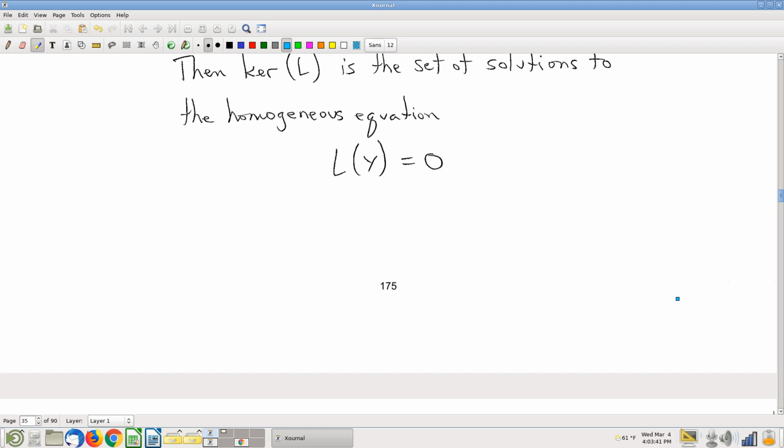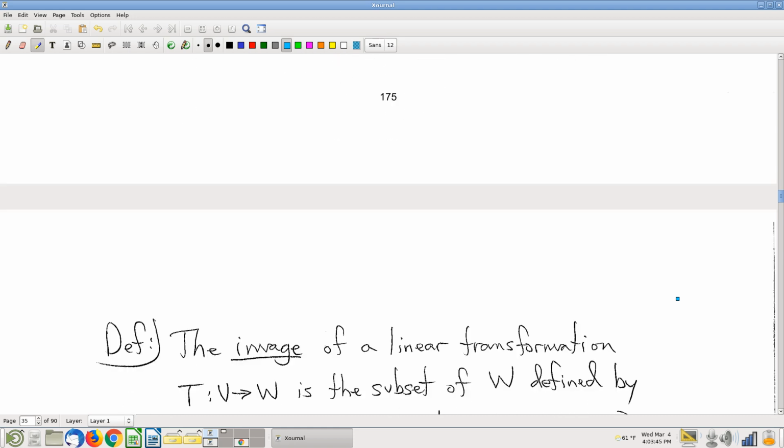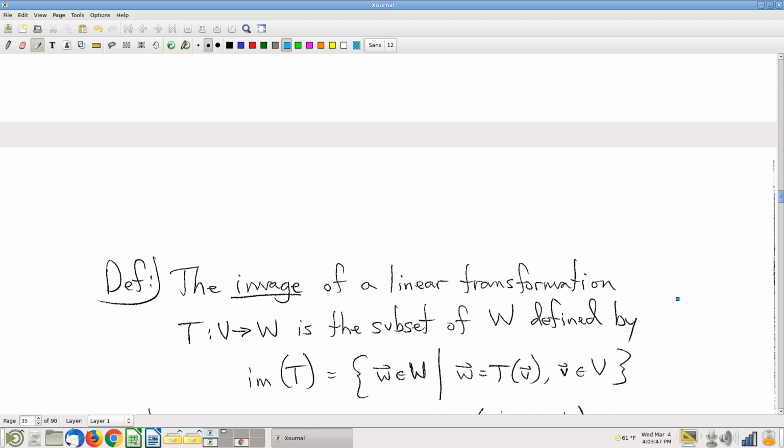Okay, next little miscellaneous item that we need to talk about. I got to define image of a linear transformation. Now, good news, we already know what an image is, right? Image is the set of actual outputs from a function. That's all I'm writing down here. I kind of don't even really know why we're writing this down again. I guess because the book does. But the image of a linear transformation, again, set builder notation reads very straight off of here.